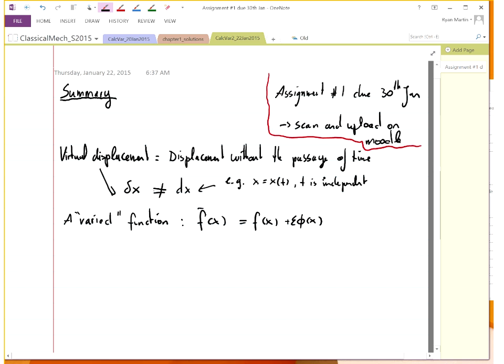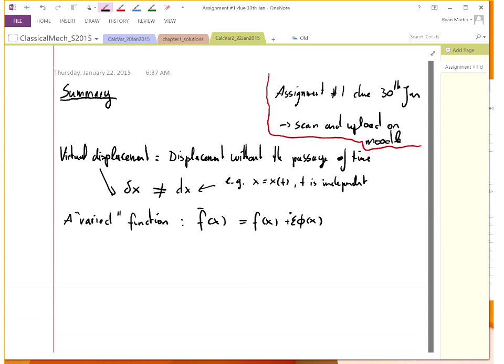I'm sorry for mixing up t and x as the independent variable, because once we do mechanics, t will be the independent variable. We care about functions of time. But in mathematics and calculus, people care about functions of x typically. So we'll mix the two, but we'll try to do most of the hardcore math with x as the independent variable.